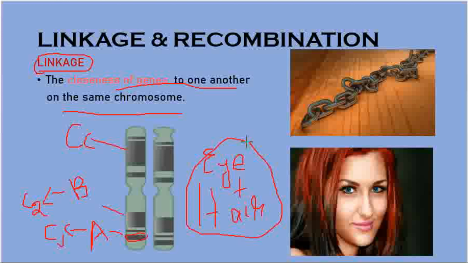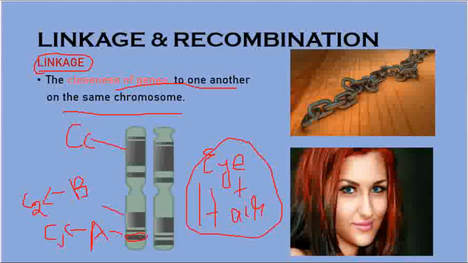This will be the same in an offspring and a parent because of the gene linkage. Just like you see how chains are linked, in the same way the genes are linked in this chromosome. So this is about linkage.